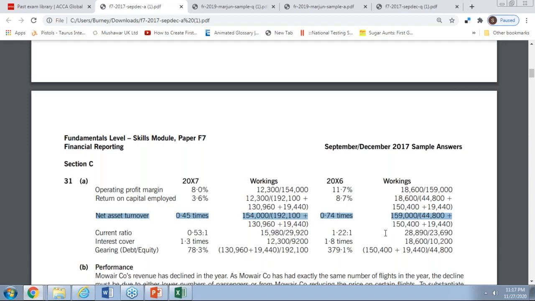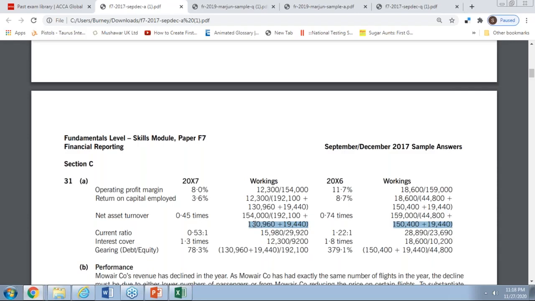Because an improvement in the asset turnover means the company is generating better revenues. So again, it is because of the impact of the loan. You can see here that previously we had a loan of 1,50,400, and now we have paid part of the loan and now it's 1,30,360. So whenever there is a decrease in the denominator, the ratio will go up.